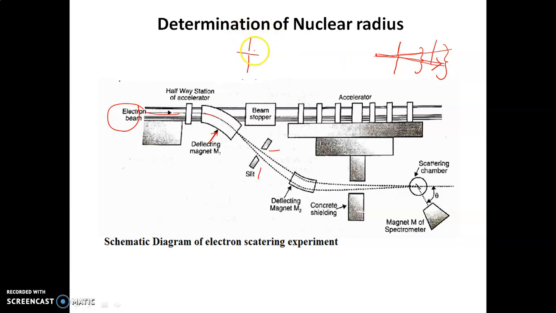So what is done here is that, suppose this is an electron, if I make a series of plates like this, which are kept at negative potential, then what will happen?